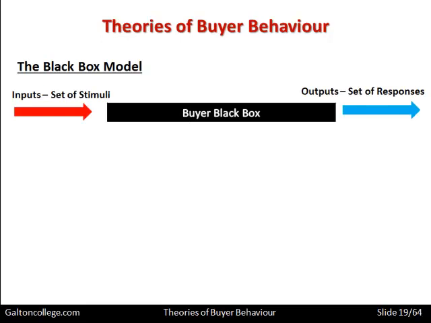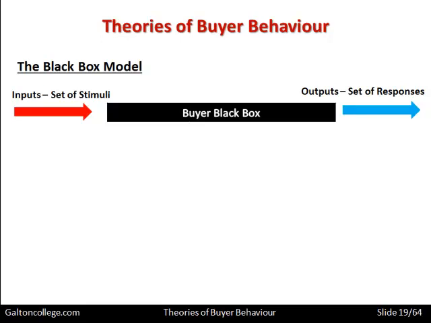If we look at the black box in a little more detail, we have, as I said, stimuli which is fed in. These are all the influences going into the individual, into the buyer, and the influences being the marketing campaigns and information and advertising and all the information about the product, the price, the aftercare service, the desirability, the fashion elements associated with it, and so on and so on.